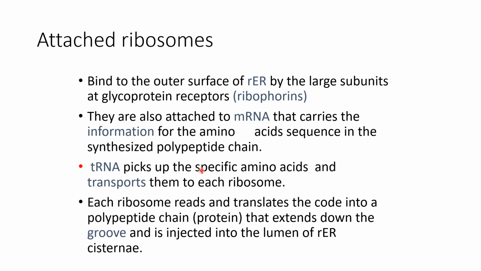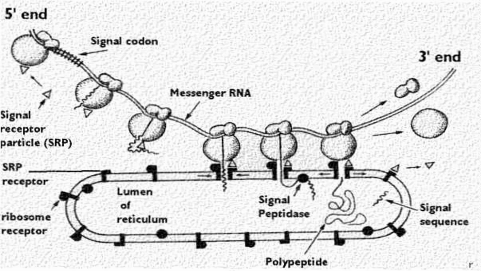Transfer RNA will pick up the specific amino acids and transport them to the ribosome. Each ribosome reads and translates the code, forming the protein that extends down through the groove to the lumen of the rough endoplasmic reticulum. Again, here are the small and the large subunits of the ribosomes. They are attached by the messenger RNA.